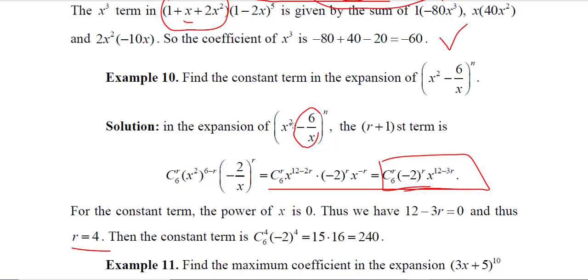It means that the fourth term, they will cancel.